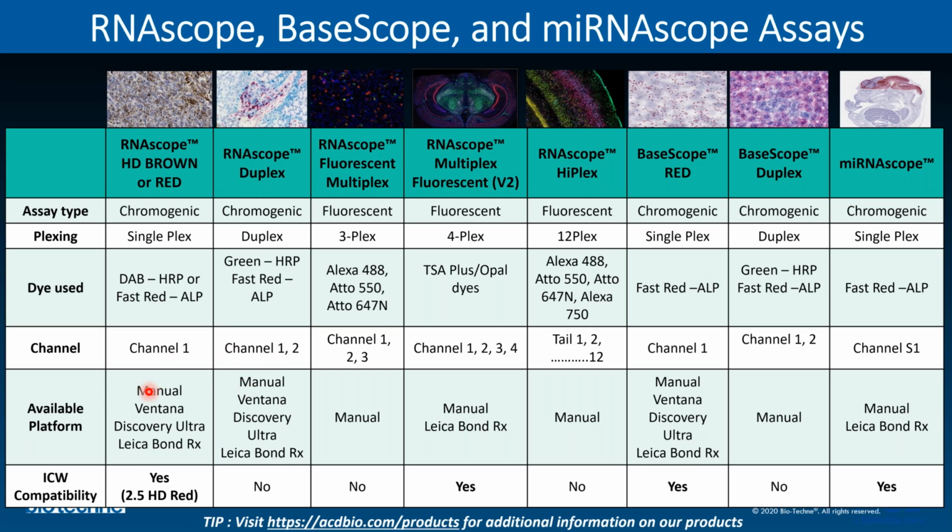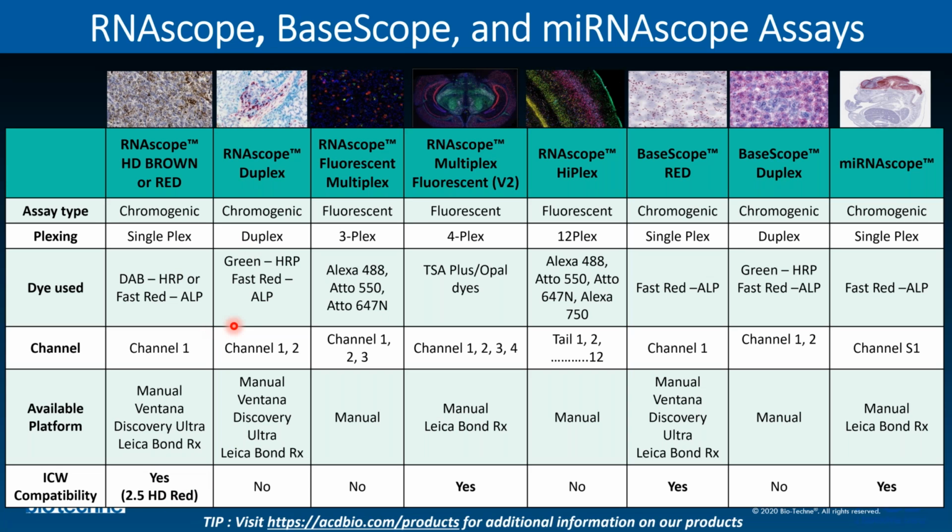Both these assays are compatible on the manual as well as the automated platforms such as Ventana Discovery and Leica RX. With regards to the compatibility with the integrated co-detection workflow, which allows you to do simultaneous RNA and protein co-detection, something we'll look at in the later half of the talk, only the 2.5 HD red assay is compatible with that workflow at this point in time.